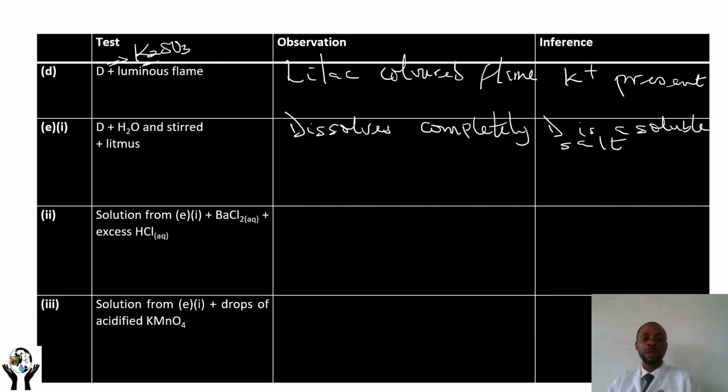Then when you test with litmus, for the fact that the salt is formed from a combination of a strong base and a weak acid, you should expect the litmus to turn red to blue.